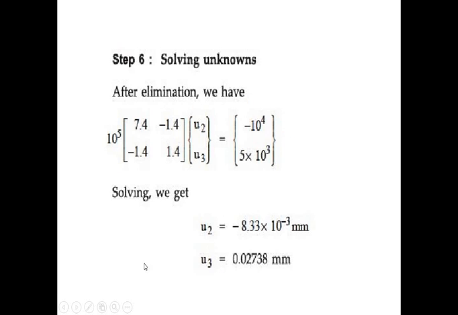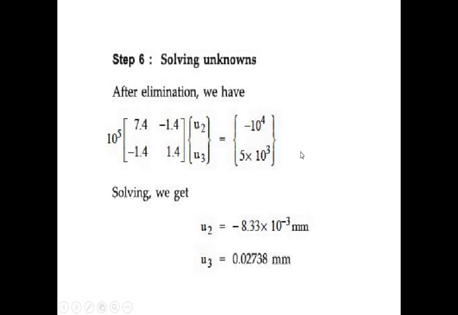You get the simplified equation as 10 raised to the power 5 times the matrix [7.4 -1.4; -1.4 1.4] times [U2; U3] equal to the force vector [-10 into 10 raised to the power 3; 5 into 10 raised to the power 3]. Here you get two equations. First equation: 7.4 into 10 raised to the power 5 U2 minus 1.4 U3 equal to minus 10 raised to the power 4.